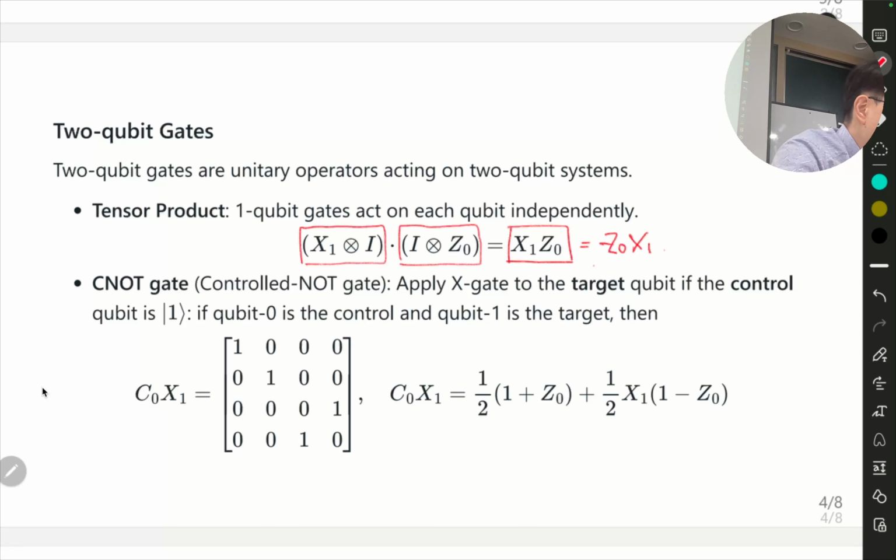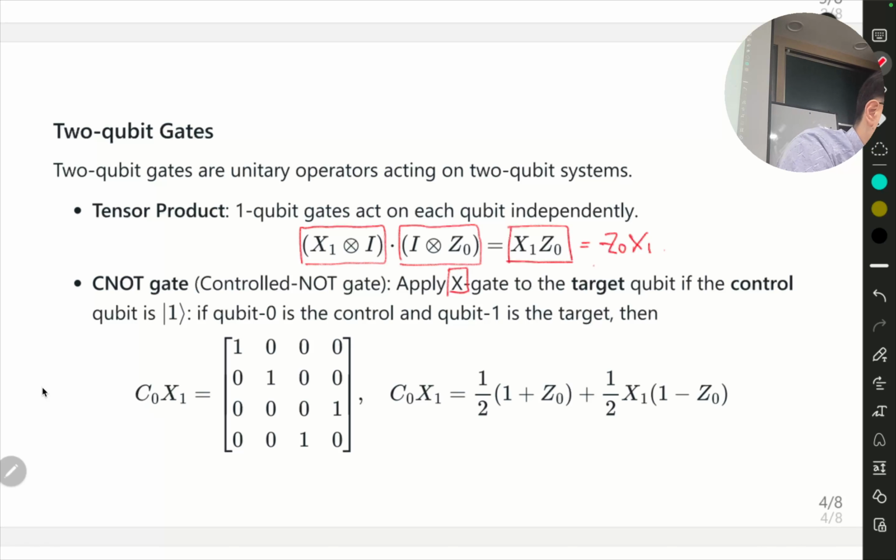However, there is a genuine 2-qubit gate called the CNOT gate. That's a really important gate here. It acts as follows: you're applying basically an X gate, but not always. It depends on the state of the control qubit.